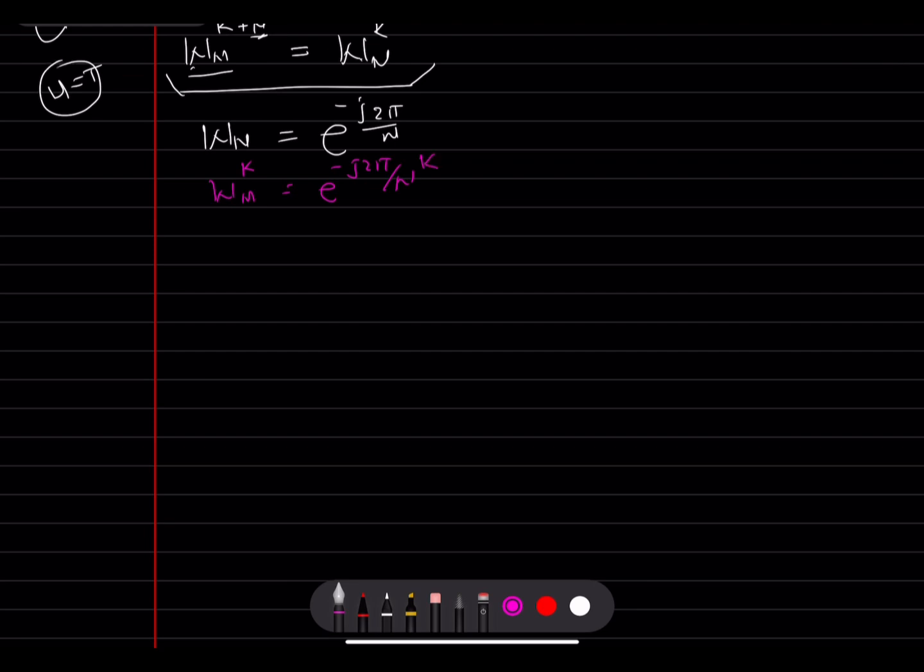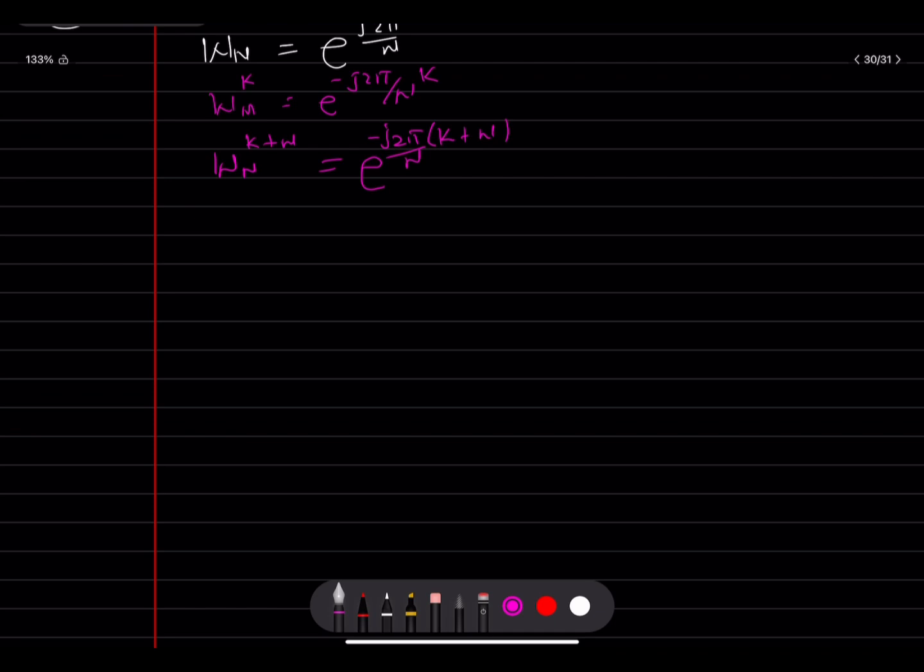So when we have omega N^(k+N), it's equal to exponent negative j 2 pi over N, and then (k+N). Let's multiply through: omega N^(k+N) is equal to exponent negative j 2 pi over N k, minus j 2 pi over N N.